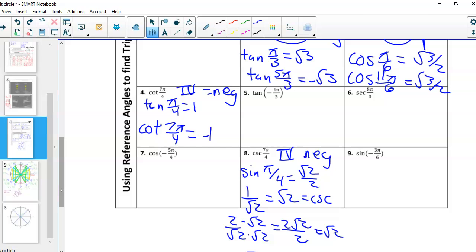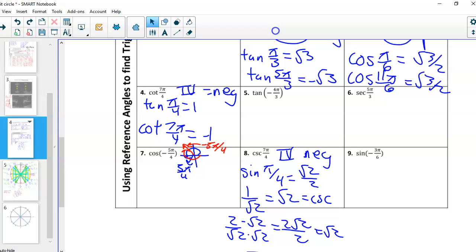So think about where that angle would be in the negative direction. You guys can work together.